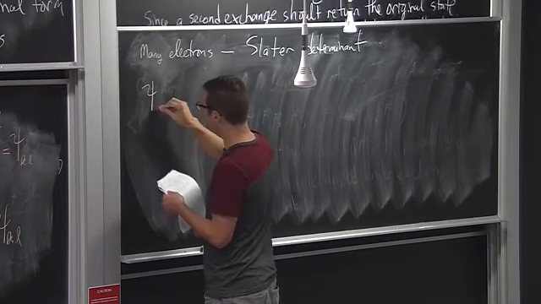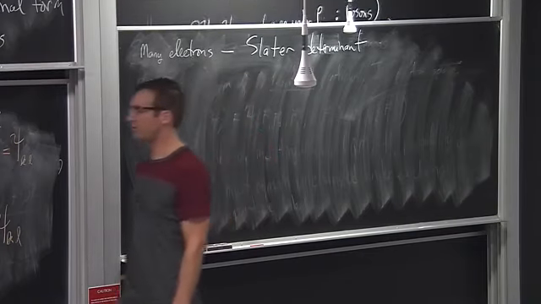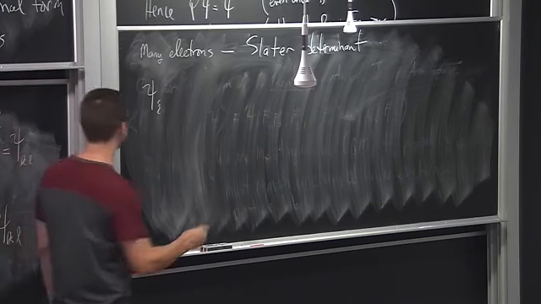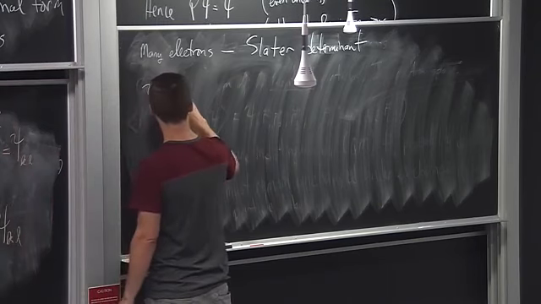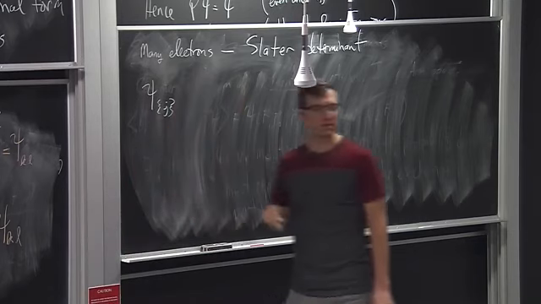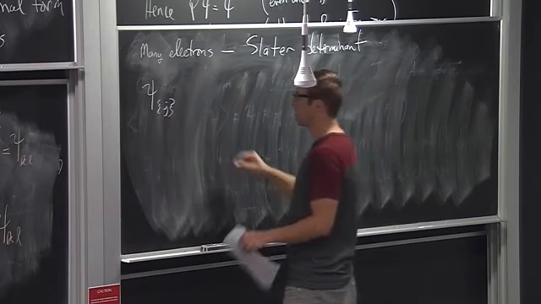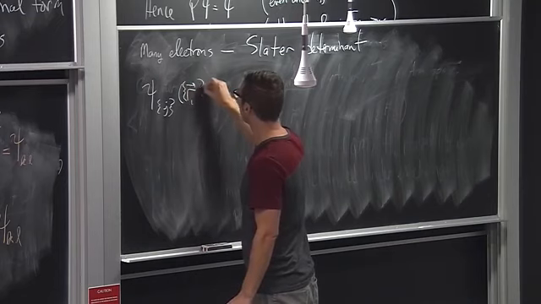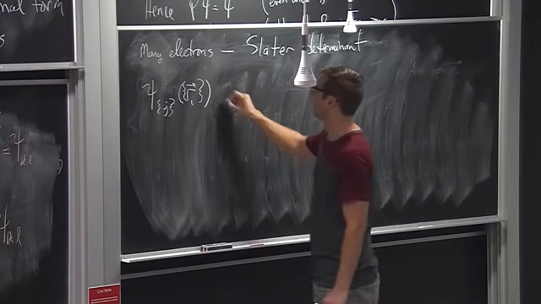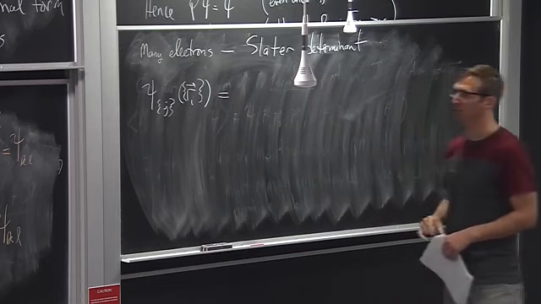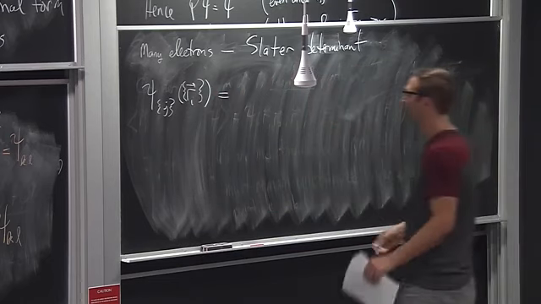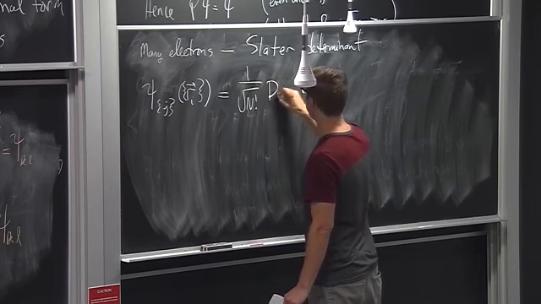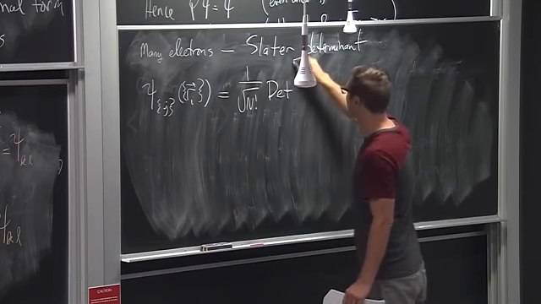I'm going to write the particle labels: instead of just 2 particles, I have a set of n particles, and also a set of position vectors. So that's a general n-body wave function, and another way to write this is with the determinant for fermions.